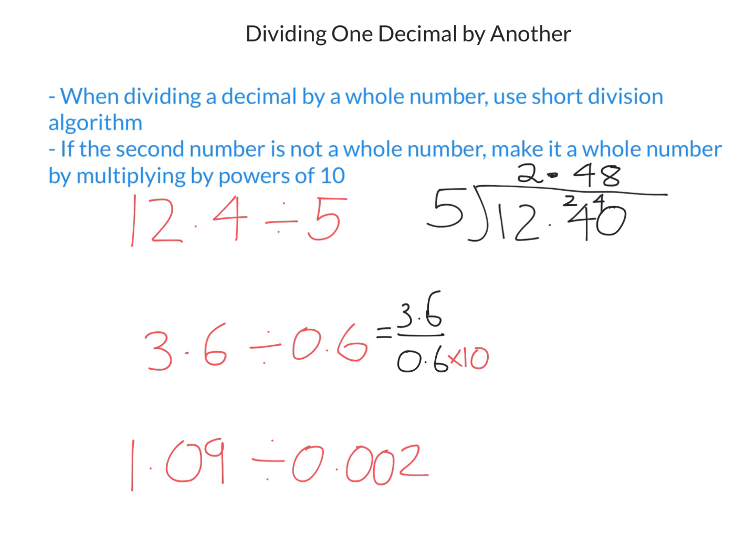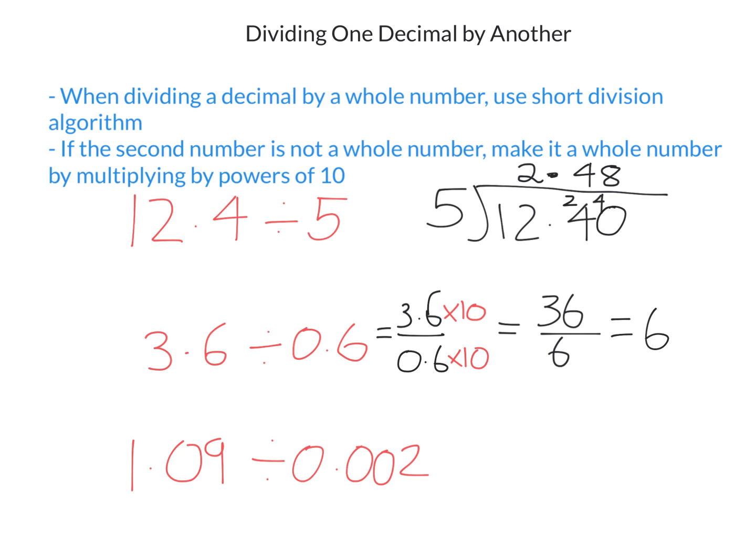If I times 0.6 by 10, I move the decimal point 1 spot to the right and I make it a whole number 6. But I can't just multiply the bottom by 10. What you do to the bottom, you must do to the top. So if I multiply the bottom by 10, I must also multiply the top by 10. So this becomes 3.6 times 10 is 36, 0.6 times 10 is 6. This is just the same as 36 divided by 6, which as you know is equal to 6.